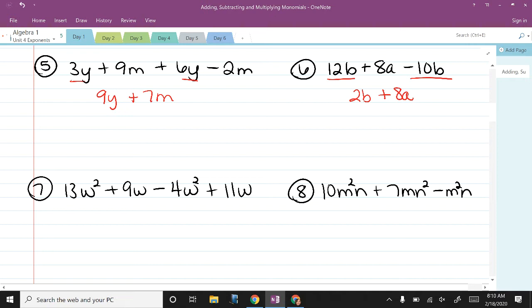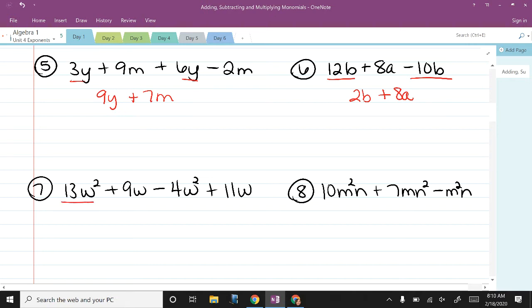That's the bonus. All right, 13w squared plus 9w minus 4w squared plus 11w. Are all of those w's like terms? No. Which ones are like terms with which? The squares are like terms with squares, and the plain w's are like terms with the plain w's, right? Okay. So I'm just going to do them in decreasing order. That means highest to lowest exponent. So I'm going to start with my squares.